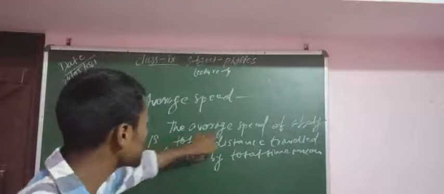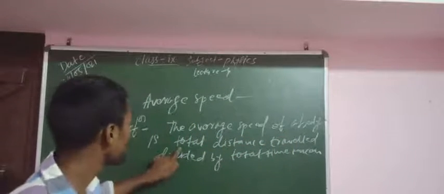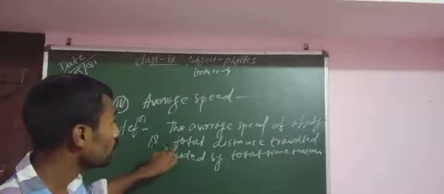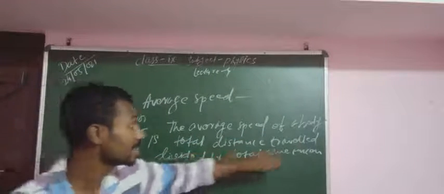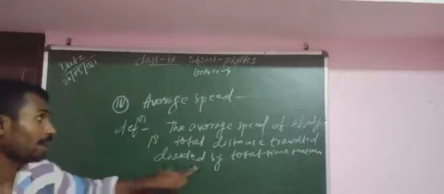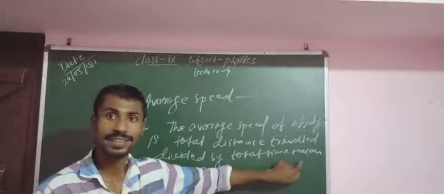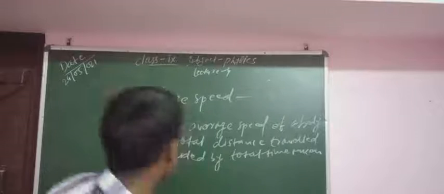That means the average speed of a body is total distance traveled divided by total time taken. This is the definition of average speed.